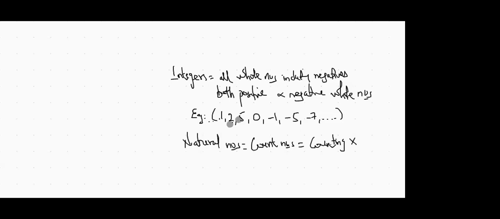Joseph, go ahead. Natural numbers, we make it from 1 to infinity. So count numbers begin from 1 to infinity. So those are the natural numbers or the count numbers.